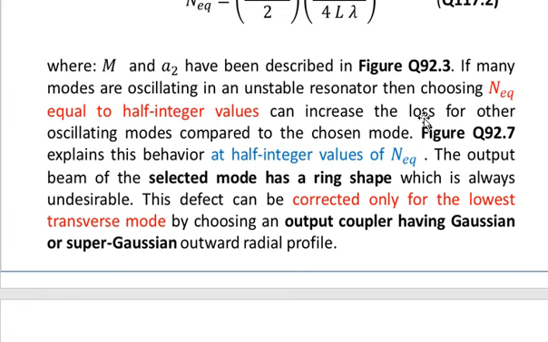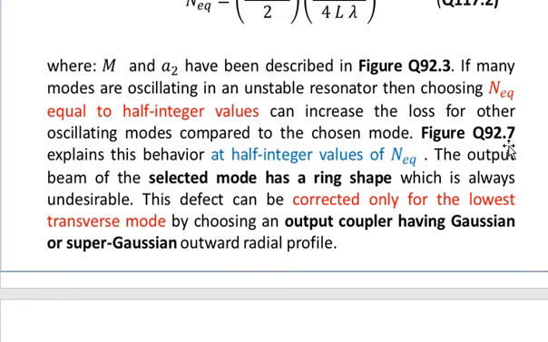So you should choose the value of N equivalent to be equal to half integers, that is 1/2, 3/2, 5/2, and so on. This way you can increase the loss of other oscillating modes compared to the chosen one.